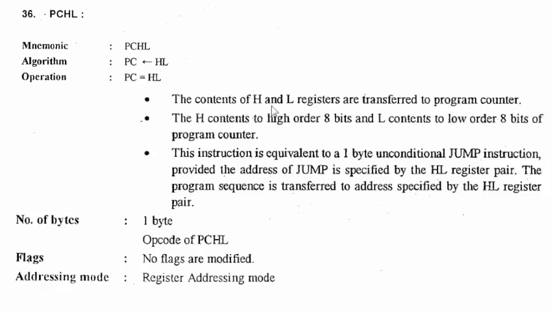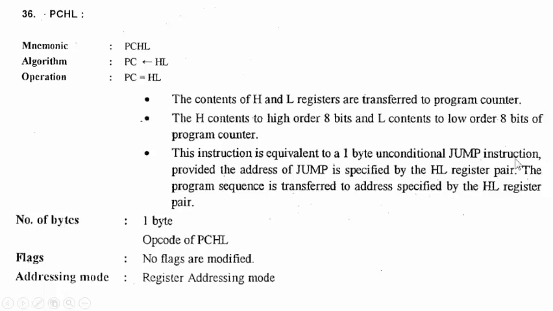So the content of H and L registers are transferred to program counter. H content to higher order 8 bits and L content to lower order 8 bits of the program counter. So this instruction is equivalent to a 1 byte unconditional jump instruction, where the address of the jump is specified by HL register pair.